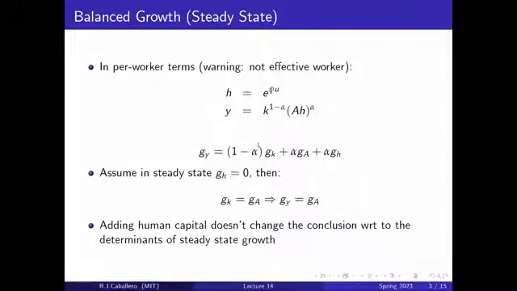So the first thing I'm going to do is normalize everything by workers, okay? All the variables I'm going to show you are going to be divided by n. Now, notice that I'm dividing by n, not by A times n, or A times h.